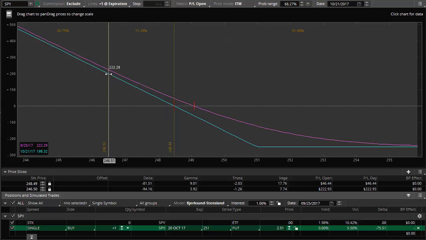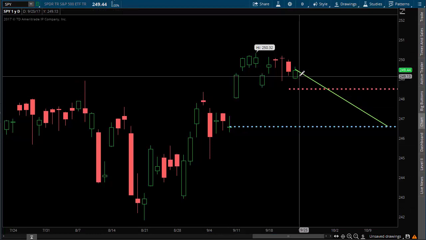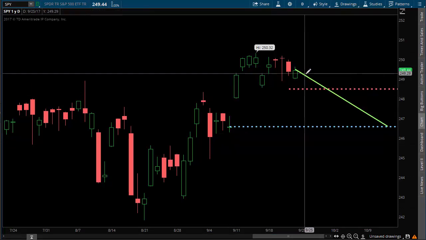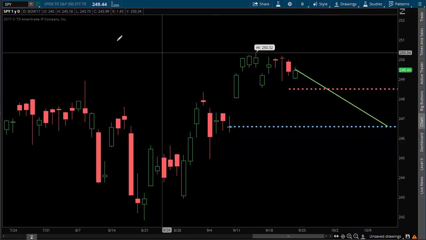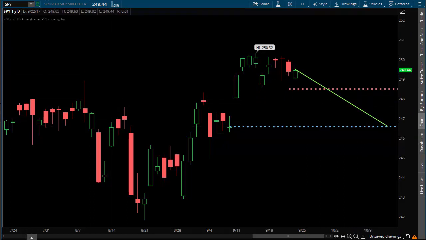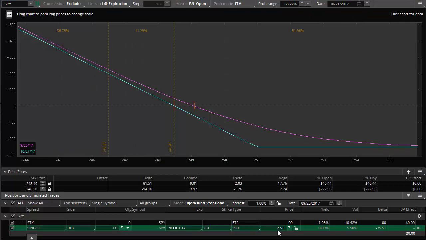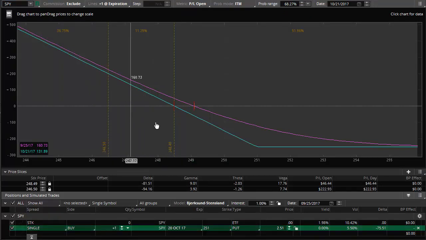Okay, that's about an 80% gain. So if we buy the put option, and let's just say that we're right in our analysis, and at expiration it moves down to this level, we're going to make about $200. Okay, so that's pretty good. That's the equivalent of about an 80% gain. Okay, so that's not too bad.